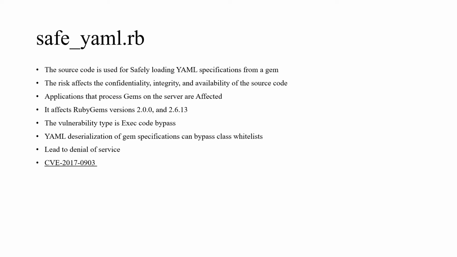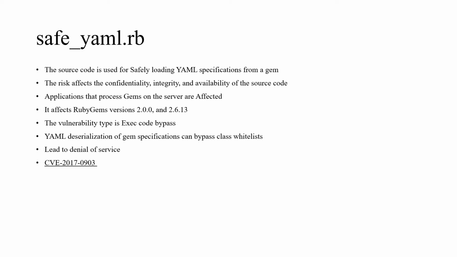As a result, YAML deserialization of gem specifications can bypass the class whitelist. The serialized items that have been specifically designed can be leveraged to escalate to remote code execution, which results in denial of service.